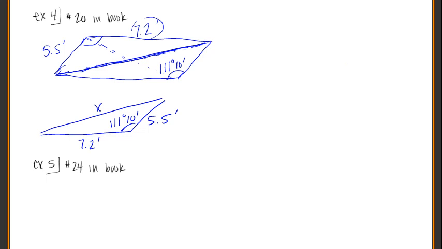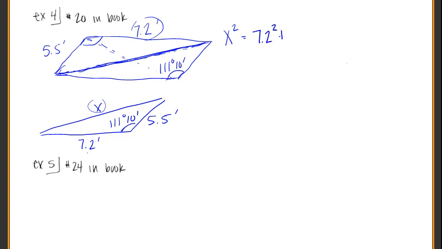Well, it looks like I'm needing to find a side. I know the angle opposite it, and I have the other two sides. So according to the law of cosines, the side you're looking to find is going to be the sum of the other two sides squared.